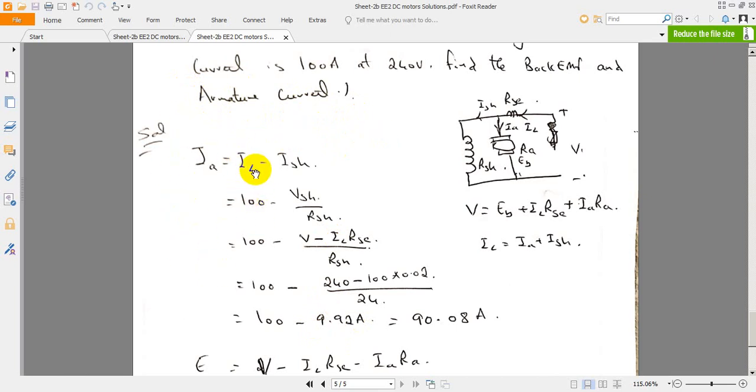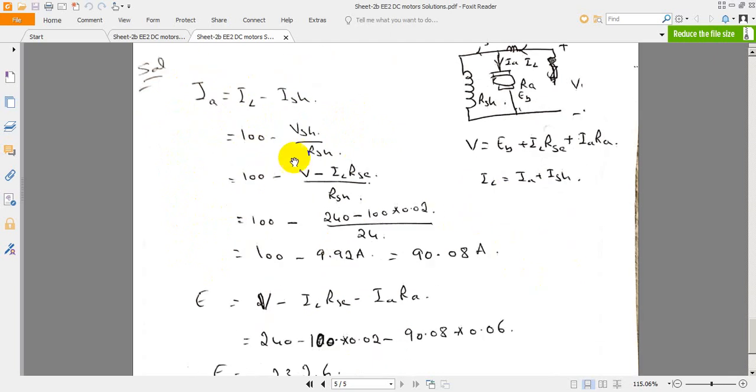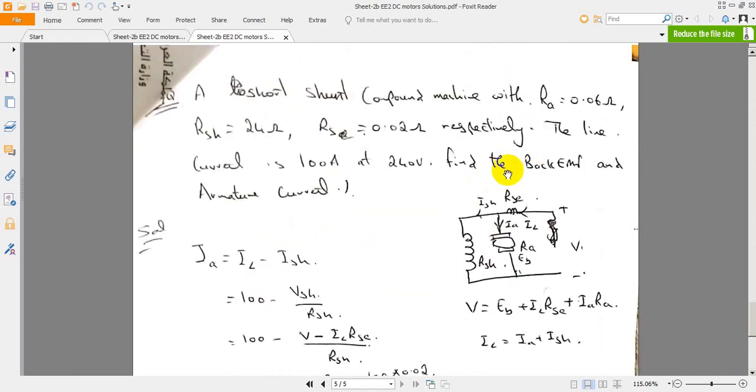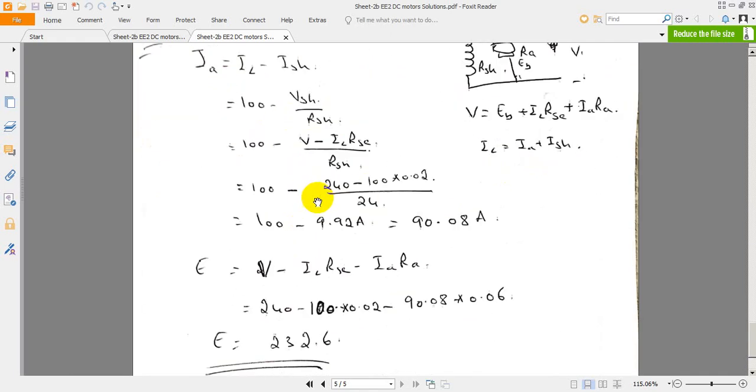The next parameter is the armature current. Armature current is line current minus shunt field current. So you can write it as 100 minus 9.92, with line current already given as 100 amperes, which is equal to 90.08 amperes. Now the back EMF is equal to V minus IL RSC minus IA RA.